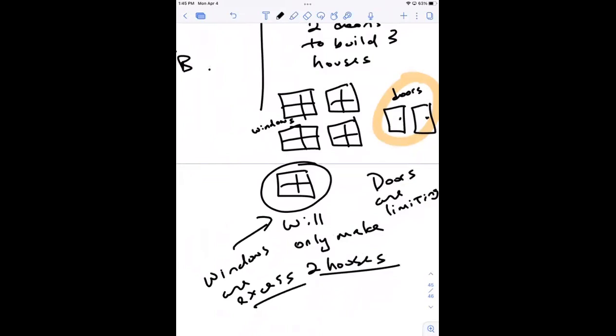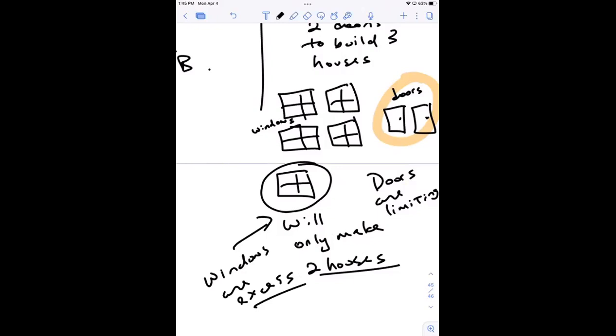Same way about if we're making bologna sandwiches. Y'all probably don't eat bologna, but I'm just using that as an example. I ate a lot of it in college. I need 2 slices of bread for every sandwich, and I have enough bologna to make 10 sandwiches. So that's 10 slices of bologna, but I only have 8 slices of bread.